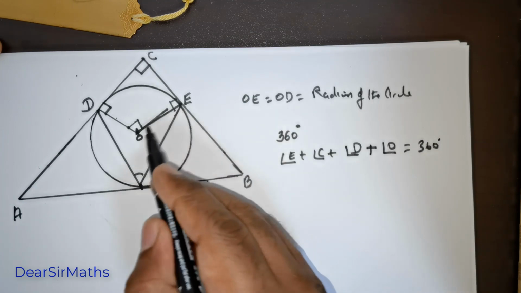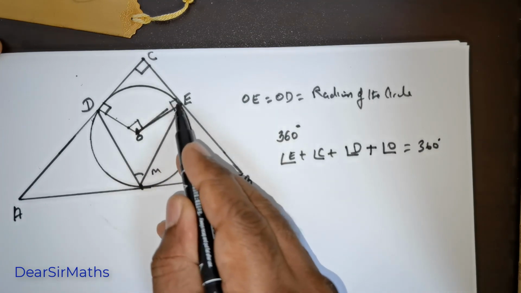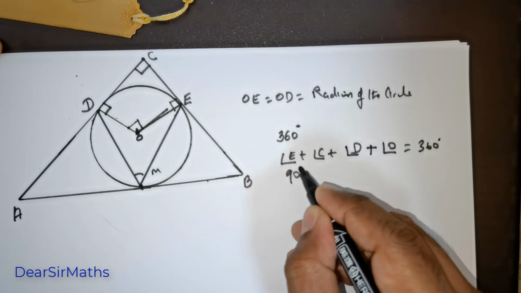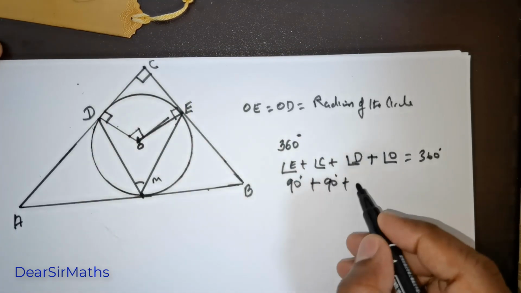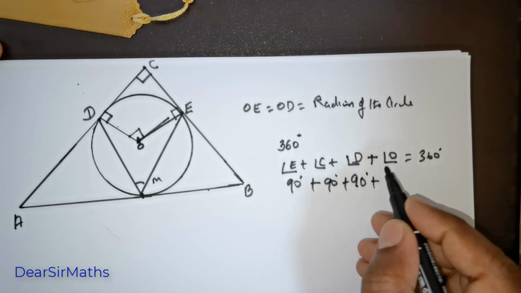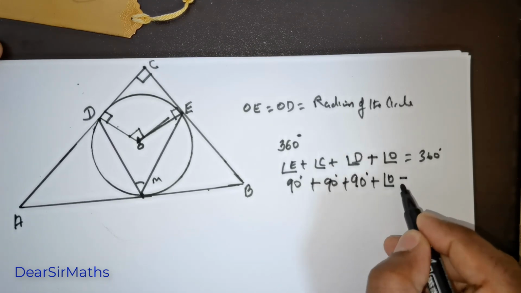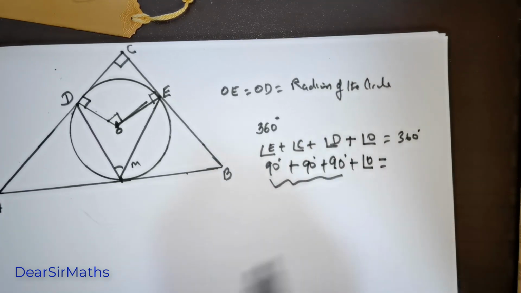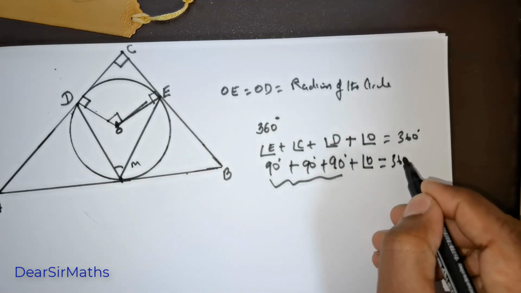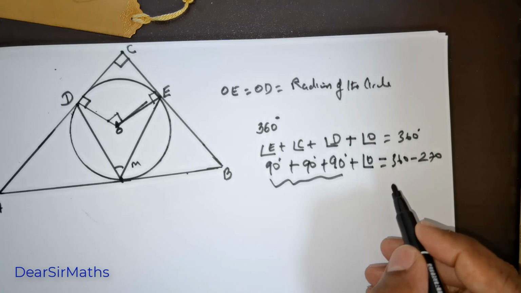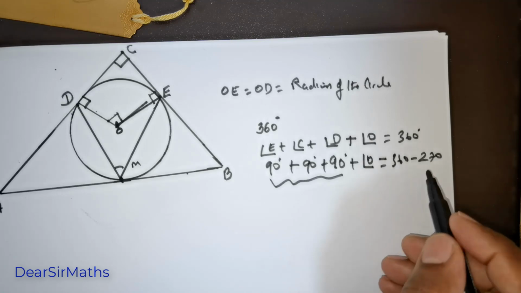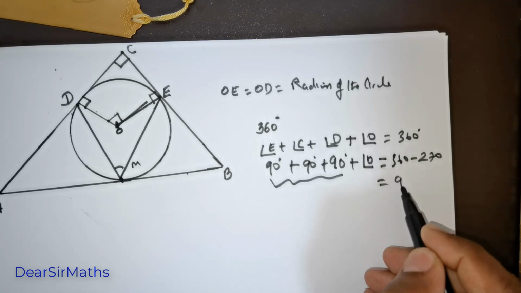Now by tangent theorem, from the center to the tangent makes an angle of 90 degrees. This is 90. This is already given to be 90. This is also 90. And you got angle O. So you add up all these things. So 360 minus 270. Right? So that would give you what? That would give you 90 degrees.